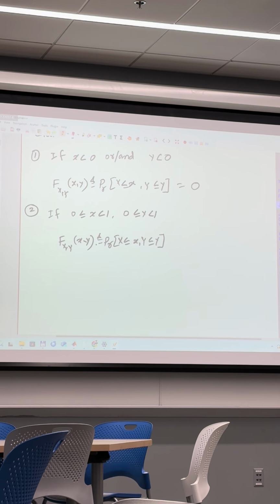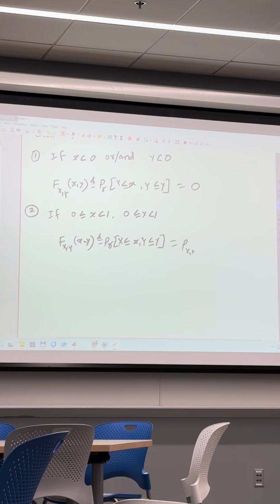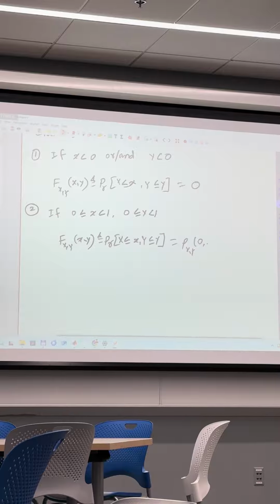And the only joint PMF that satisfies this condition is the joint PMF of random variable X, Y taking value x equals 0, y equals 0. So this is basically 1/4. Okay, so this condition gives you 1/4.